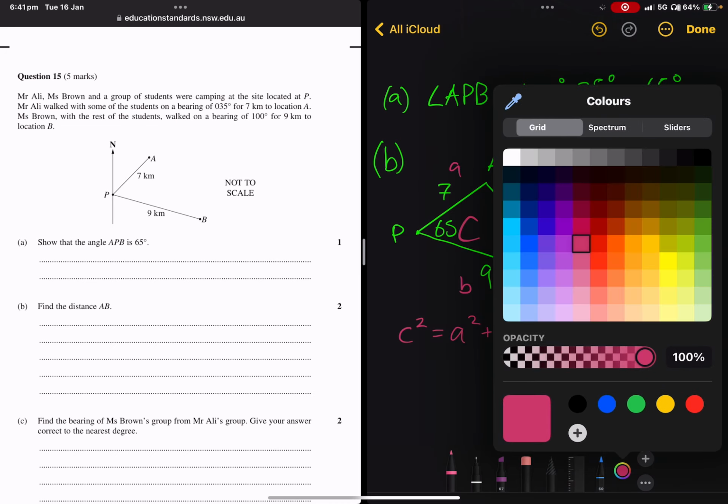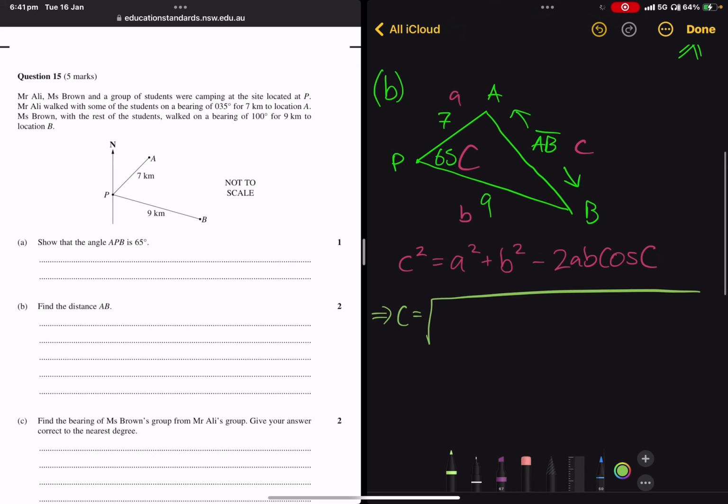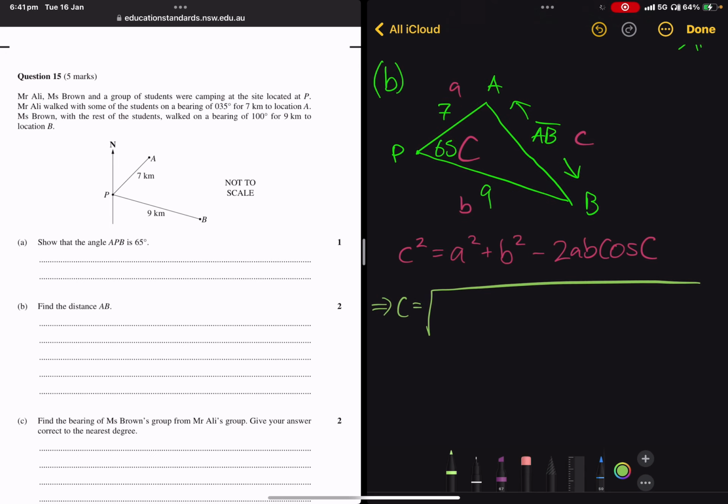So if we plug A, B, and capital C in, we're going to get C is equal to the square root. This potentially will simplify down nicely. It's also possible that we're just going to put it into the calculator to find the answer anyway. The markers notes do this in a slightly unusual way, but if we put this all in the calculator, it's going to give us an answer.